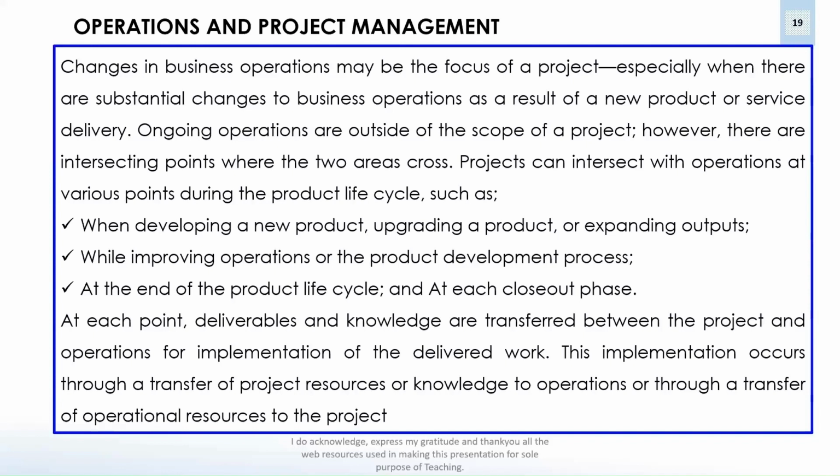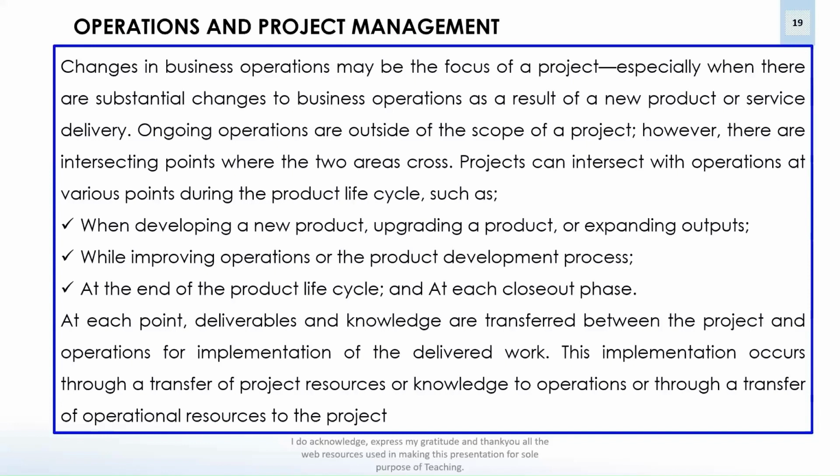And at the same time, at the end of the product life cycle, after 20-25 years, when you are closing out the phase of operations, project management comes into the picture as a project closeout. And the most important thing is the knowledge collected during all these projects, correct?